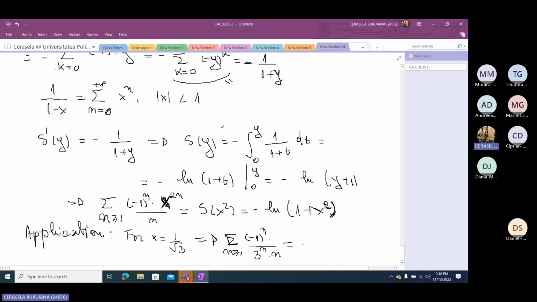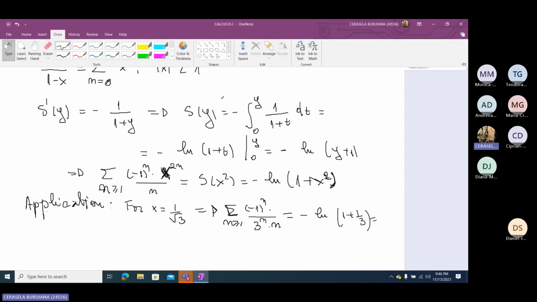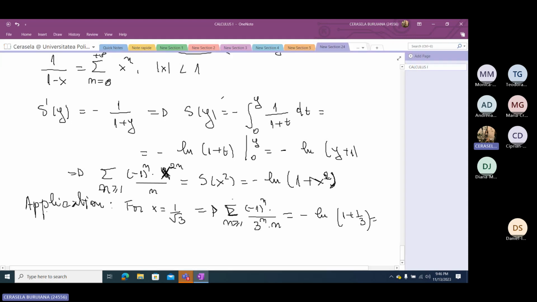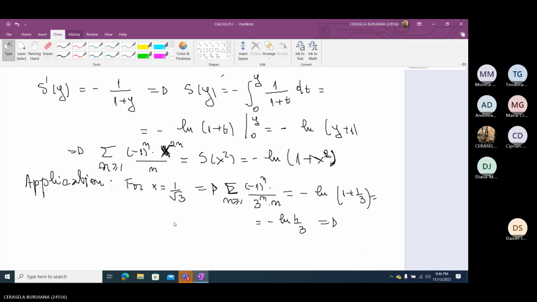So look what we get. We get that the sum of this series will be minus the logarithm of 1 plus 1 over 3, which is exactly minus the logarithm of 4 over 3. So I will write one more time what I got.